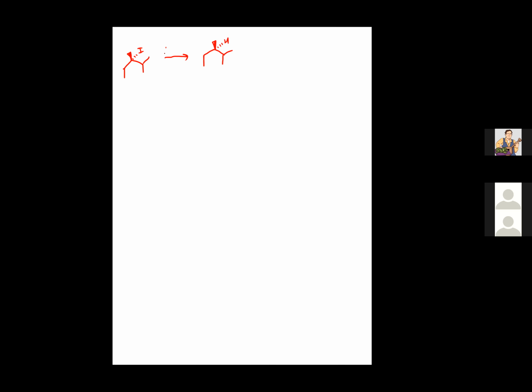The reagents we're going to use: we're going to do a radical abstraction of the halogen. So we're going to radically reduce it down.